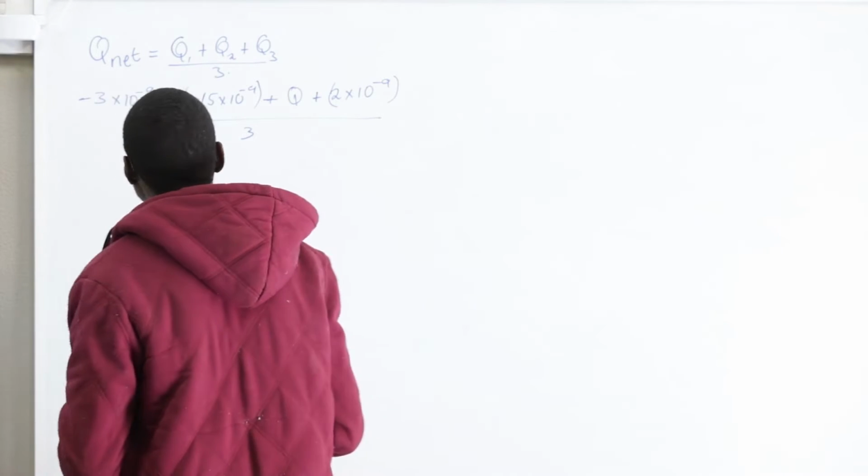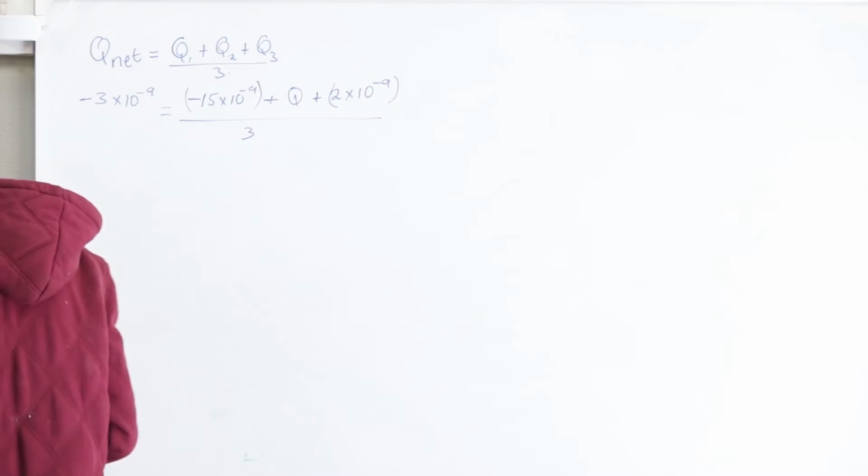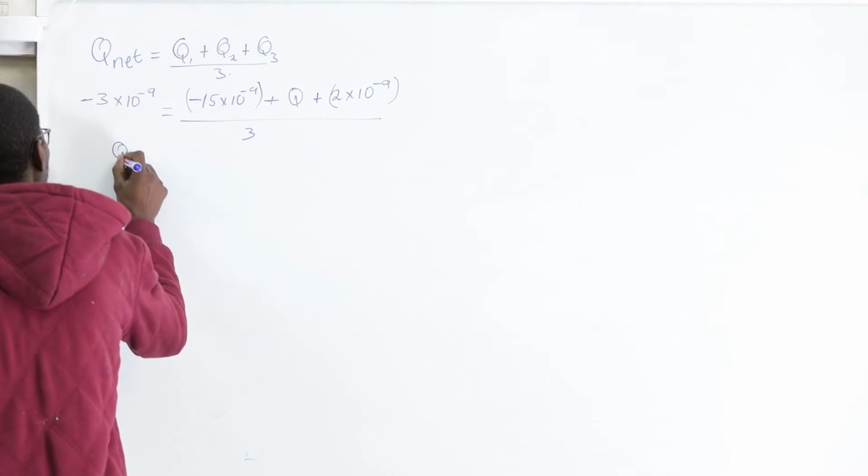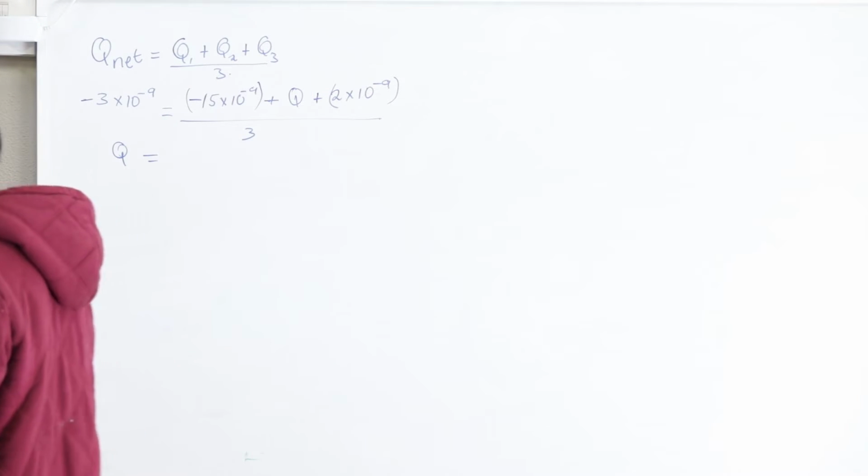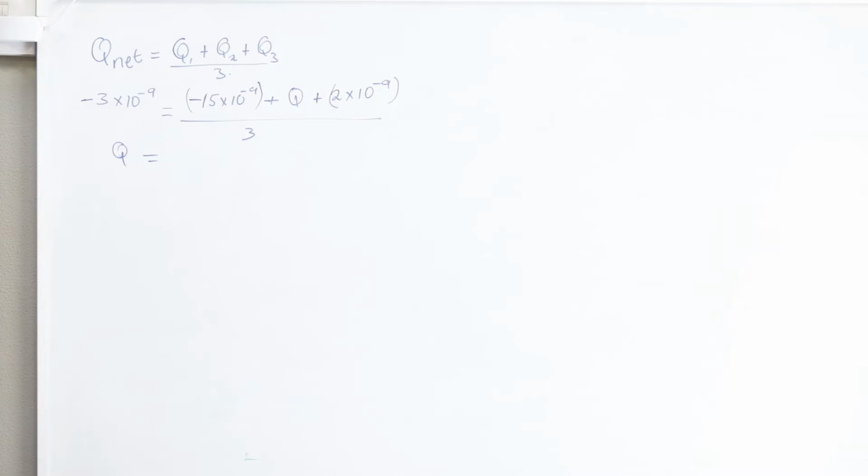Now we have to figure out the value of Q. That's a simple equation that we can solve. I like these simple equations where we can easily pull out our calculators and calculate without much difficulty.